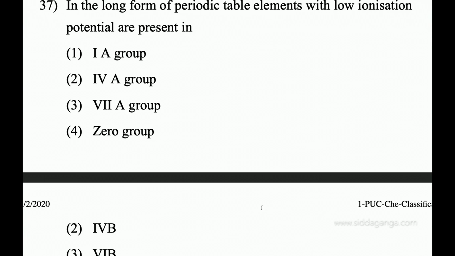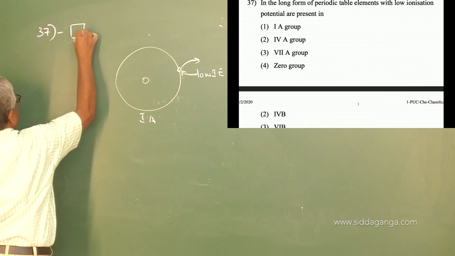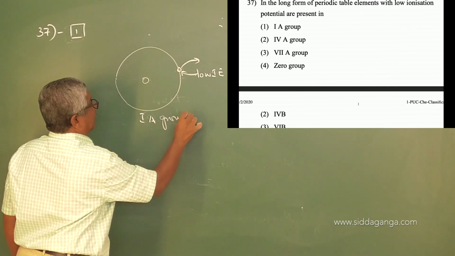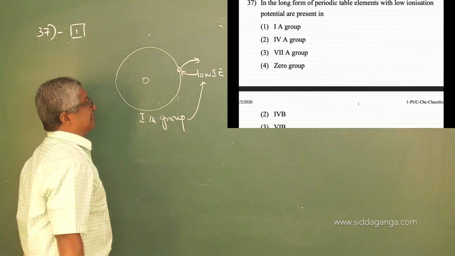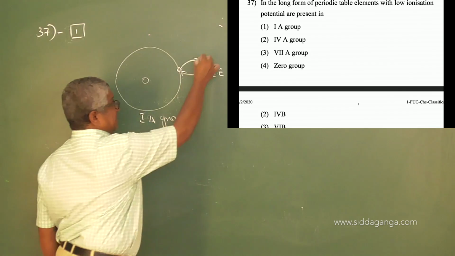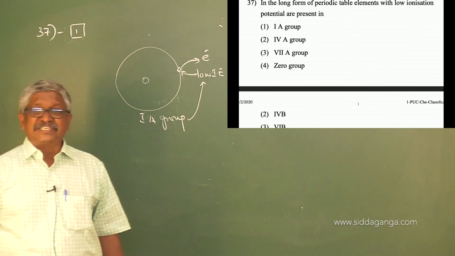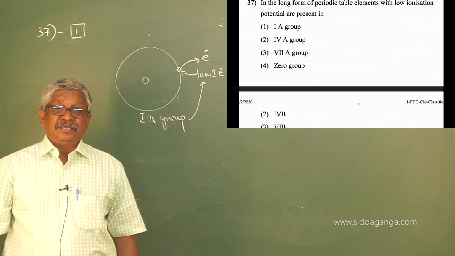Question number 37, first A group, option 1. Ionization energy is low when the electron is removed from the outermost orbit. So question number 37, easy answer.